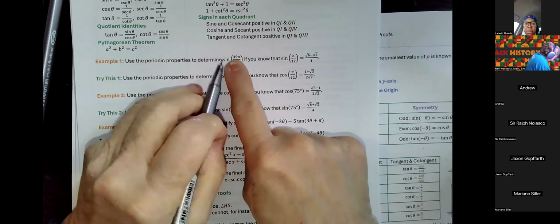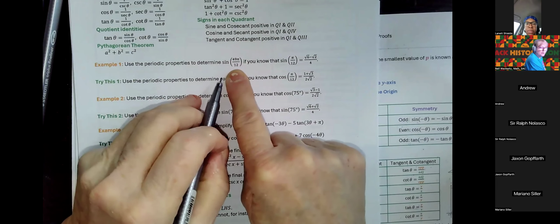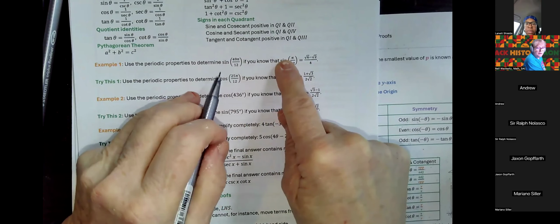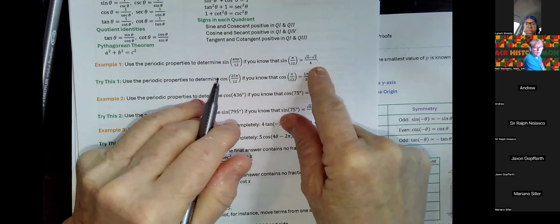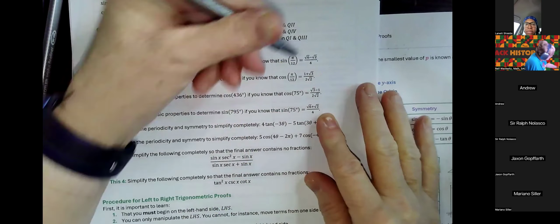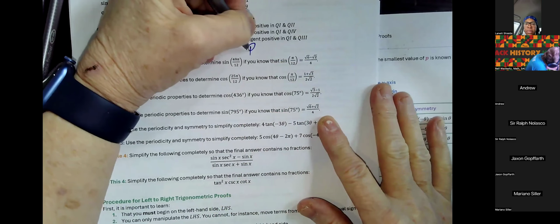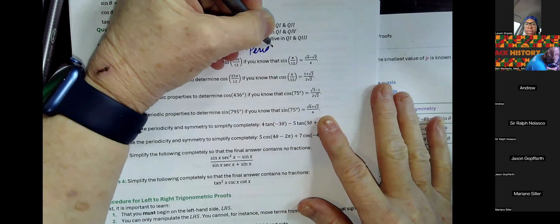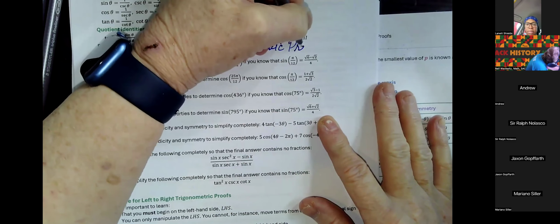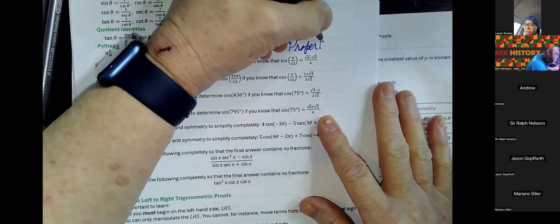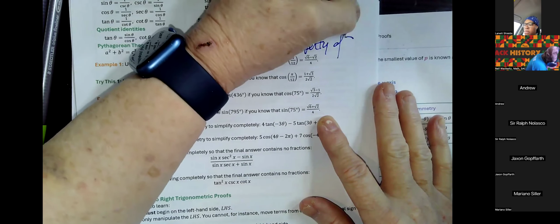So that's why the sine of 49 pi over 12 and the sine of pi over 12 are the same, because of the periodic property of sine.